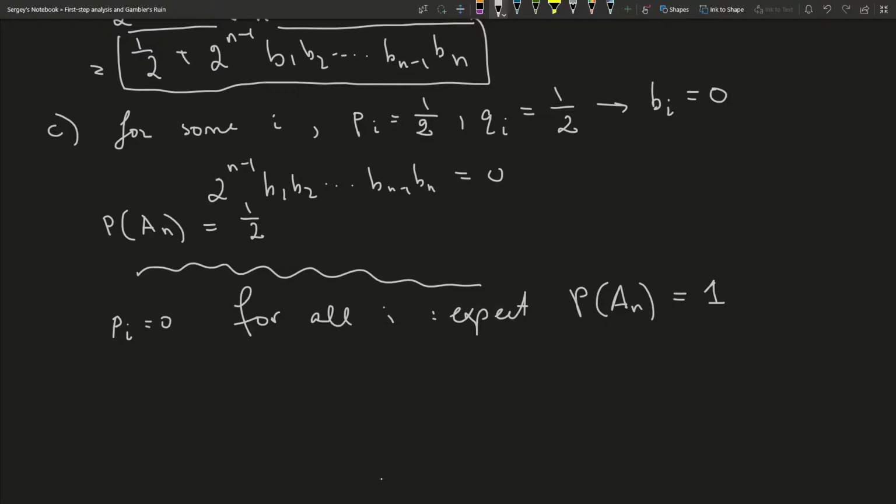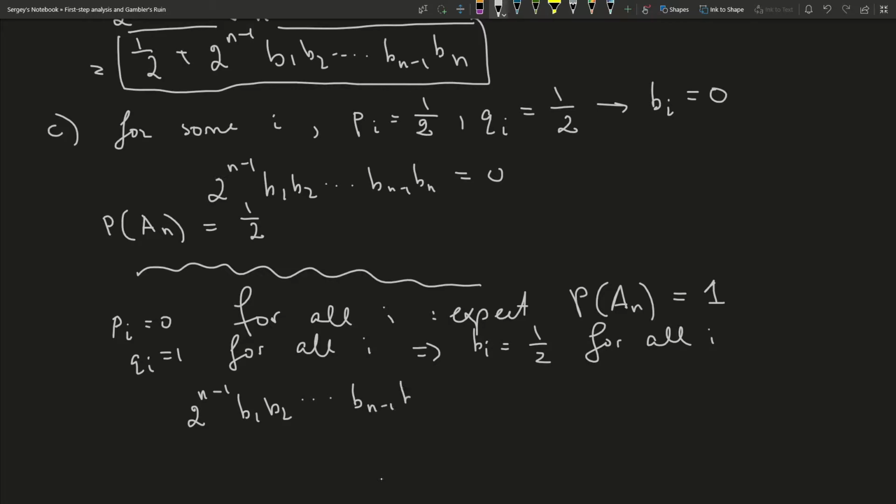So let's show that. If pi is 0, then qi is 1 for all i, which implies that bi is 1/2 for all i. And so if bi is 1/2, this expression here, 2^(n-1) b1, b2, dot, dot, dot, bn minus 1, bn, becomes 2 to the power n minus 1 times 1/2 to the power n.